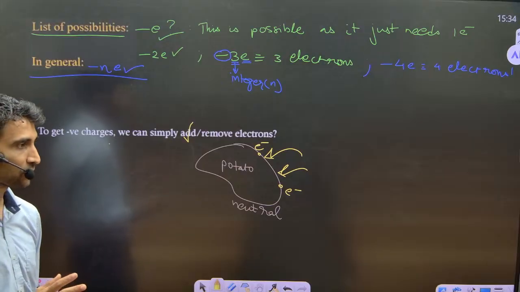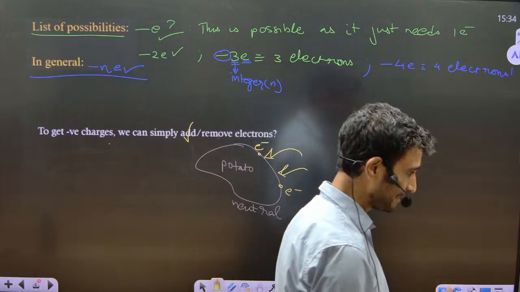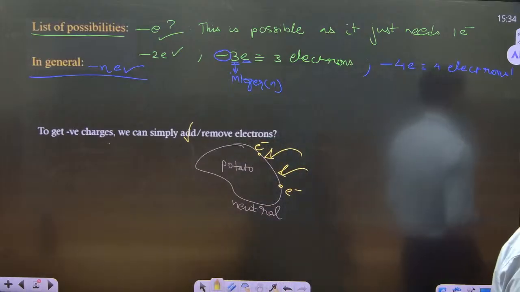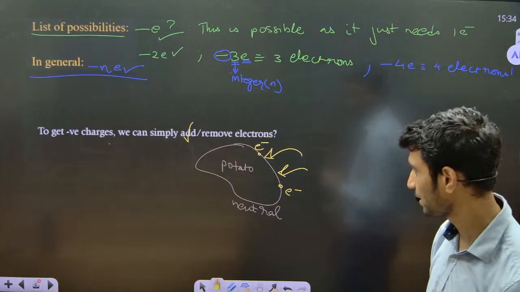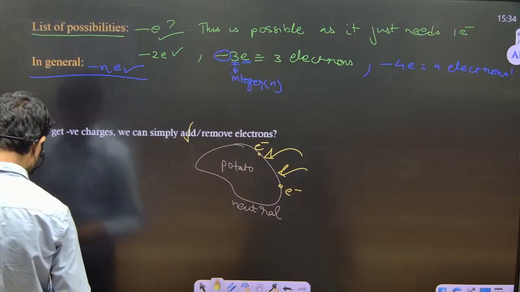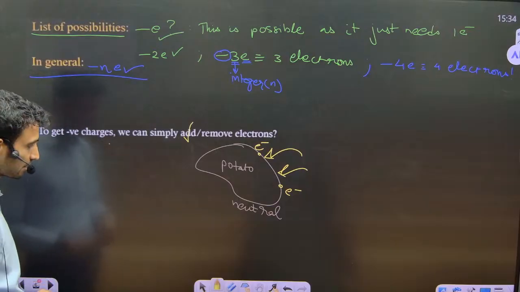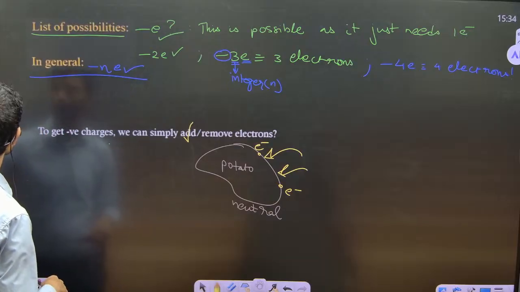I want that to be clear so that in the next slide we can understand how we produce positive charges, right? So let's go ahead. You can take this down, and then we'll move to how we produce positive charge.